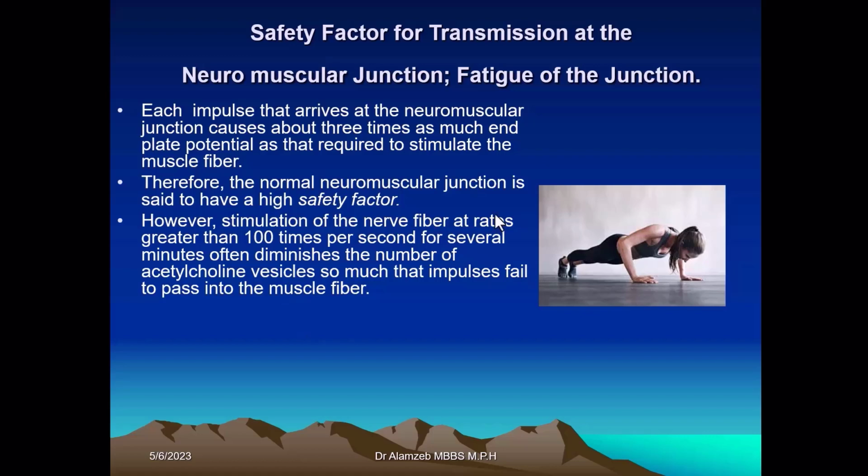If the impulse to the neuromuscular junction is more than 100 times per second, it causes rupture of more vesicles and release of more acetylcholine, and at the same rate the acetylcholine and the vesicles are not synthesized in the nerve ending.